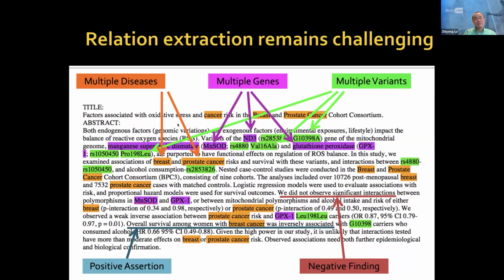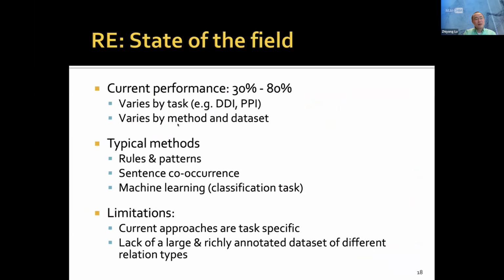And that was basically my hesitation to include relation extraction results in PubTator, because the previous performance on relation extraction using automatic NLP methods is really a wide range between 30% to 80%, depending on the type of relations.